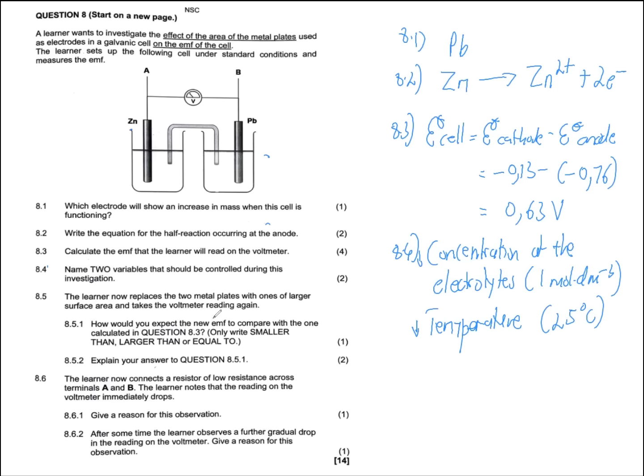Only write smaller than, larger than, or equal to. Now, we don't really know the surface area having an impact on the voltmeter reading. We haven't read it anywhere else, and we do know that the surface area has no relationship with the voltmeter reading. So we're just gonna go with equal to, right? Equal to.